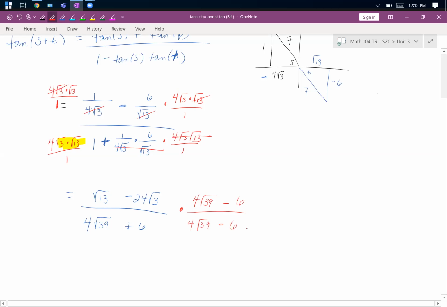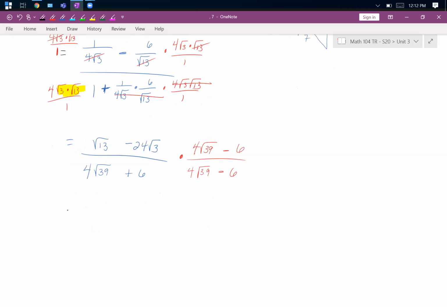Oh, this is going to be gross. I don't even have a calculator. Okay. All right, so that's going to give us a 4 on the outside. 13 times 39, that's going to be square root of 507.